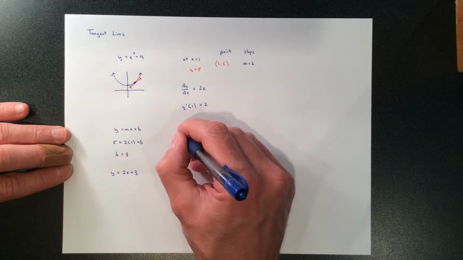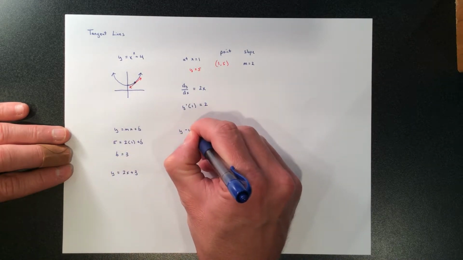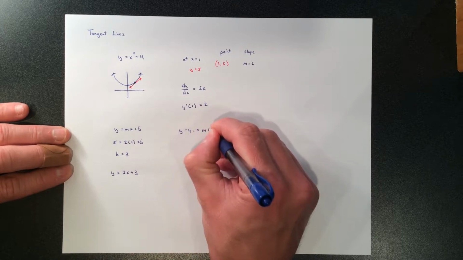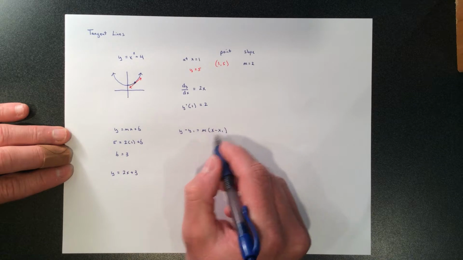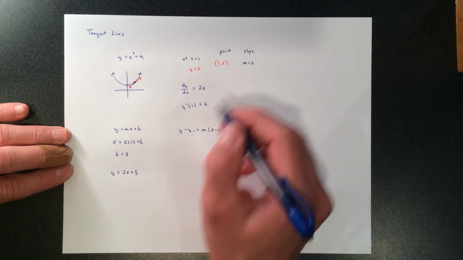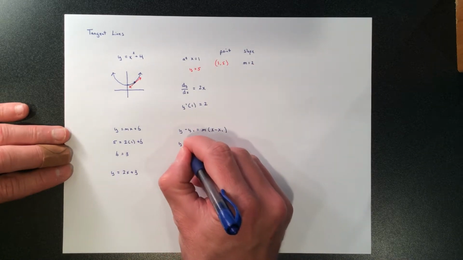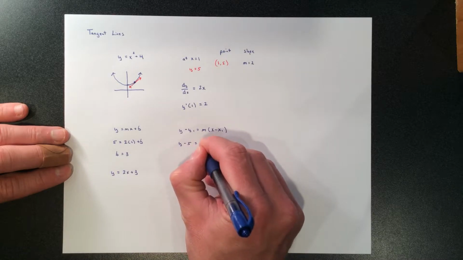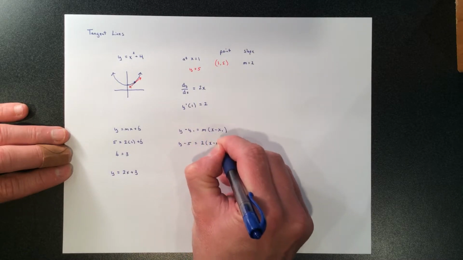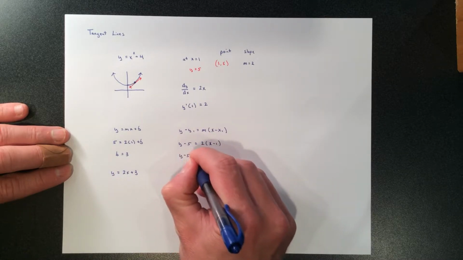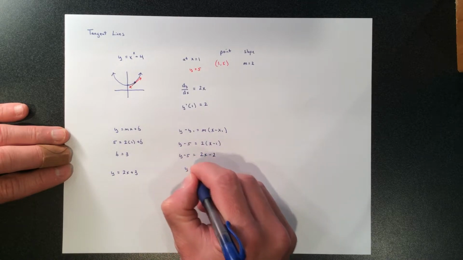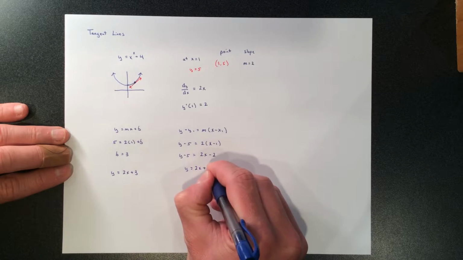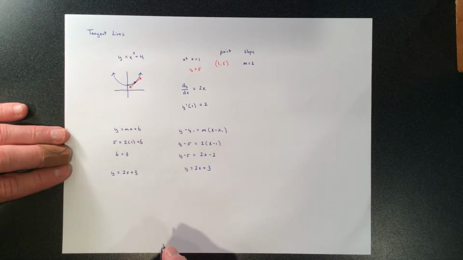Or we can use point slope, it doesn't really matter. y minus y1 equals m times x minus x1. y1 and x1 are our point, m is our slope, and so we'd say y minus 5 equals 2 times x minus 1. y minus 5 equals 2x minus 2, add the 5 over and get y equals 2x plus 3. Both methods take about the same amount of time and really are doing the same thing.